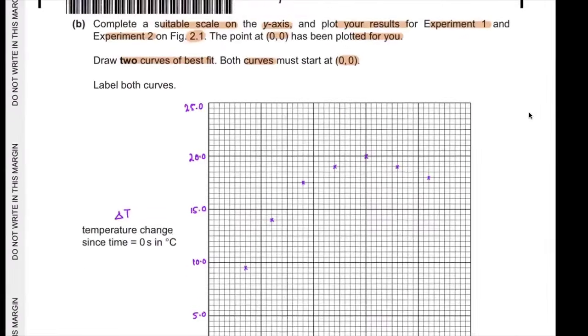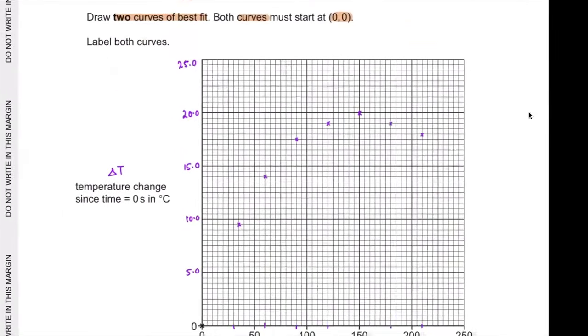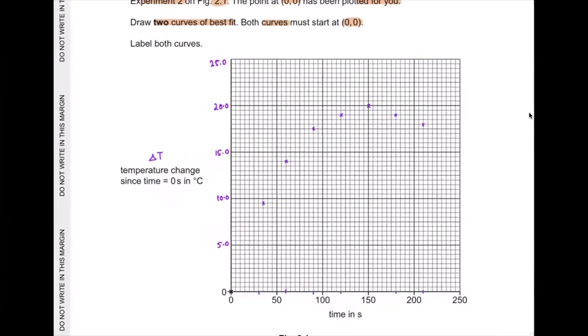Okay. So they ask to draw a curve of best fit. So the curve of best fit is going to be like this. My curve is relatively a rough one.